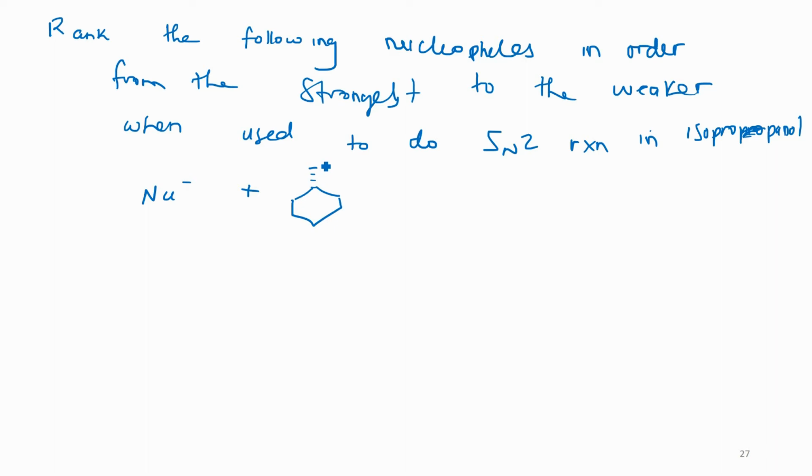This shows inversion of configuration, because I'm assuming it's SN2. This is isopropanol. You might ask yourself, what's isopropanol? That's isopropanol.